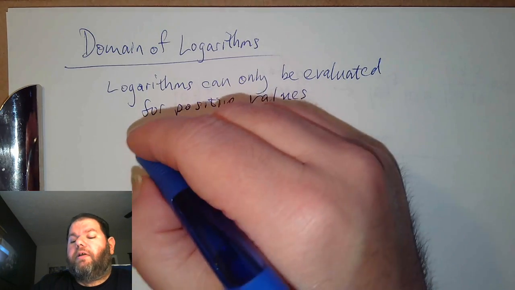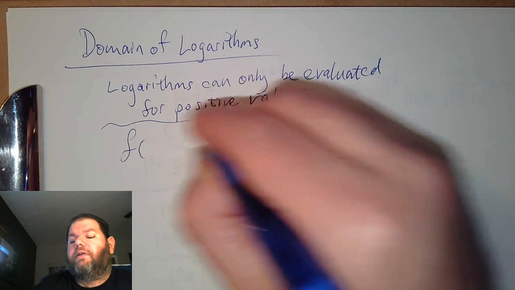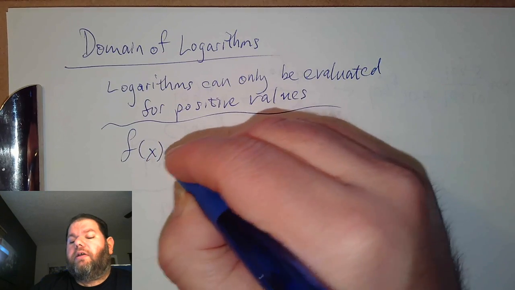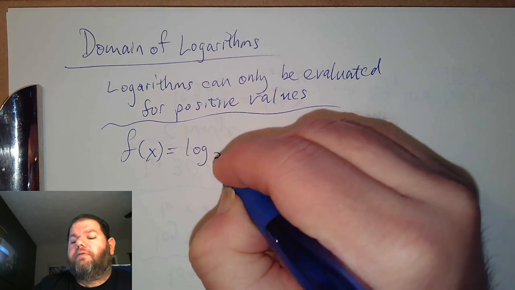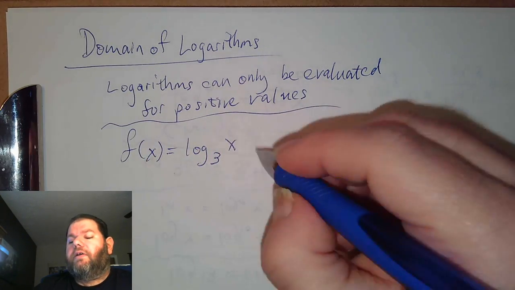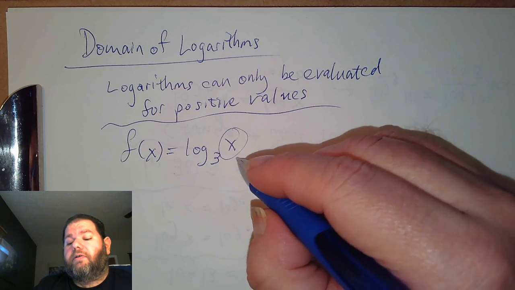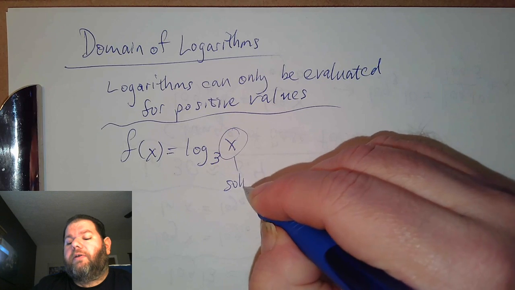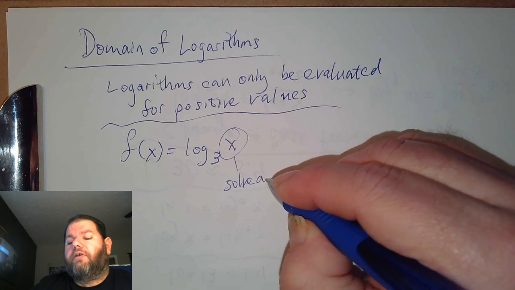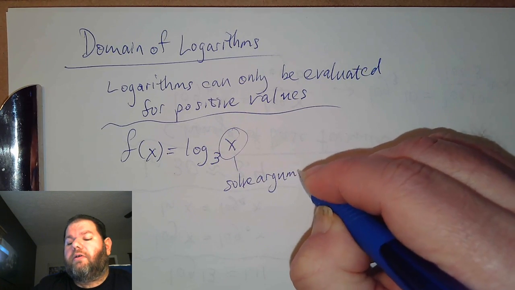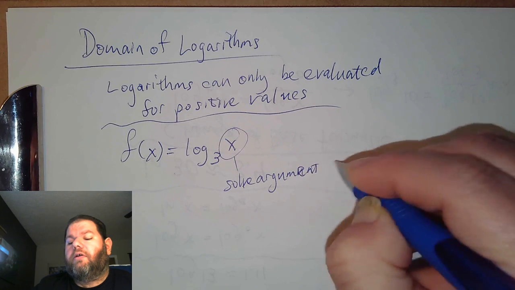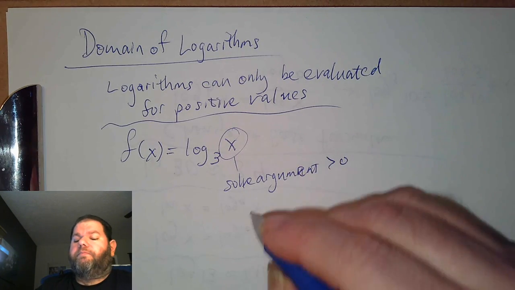Okay, so for f of x is log base 3 of x, we look at whatever's in the argument, and we solve the argument to be greater than 0.